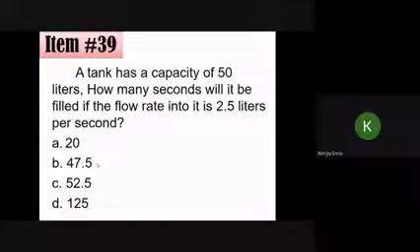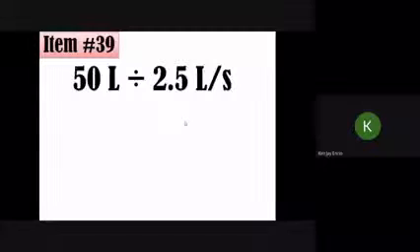So all you have to do is to determine the time, you actually have to divide the volume by the flow rate. That's why it's 50 liters divided by 2.5 liters per second.